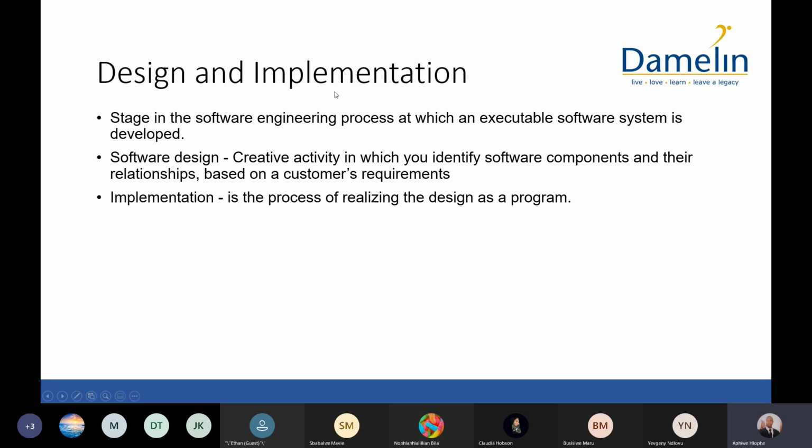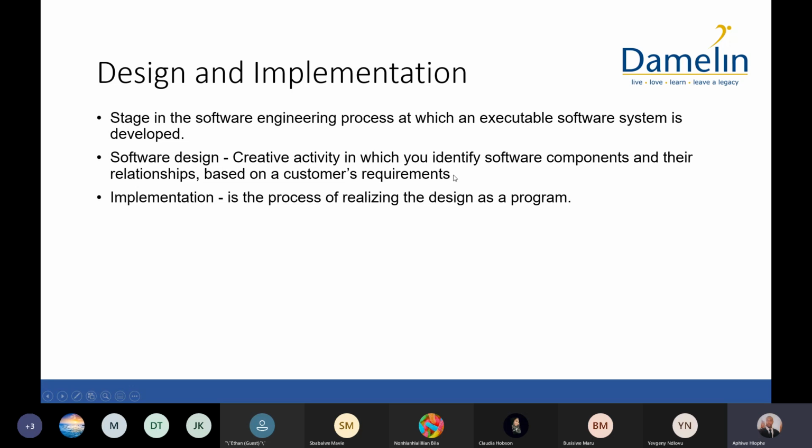So design and implementation. It says it's a stage in the software engineering process at which an executable software system is developed. So here we take the designs and we convert them into executable software. So software design, as we discussed in the earlier chapters, is a creative activity in which you identify software components and their relationships based on a customer's requirements.